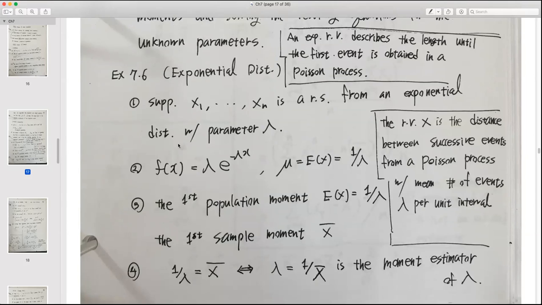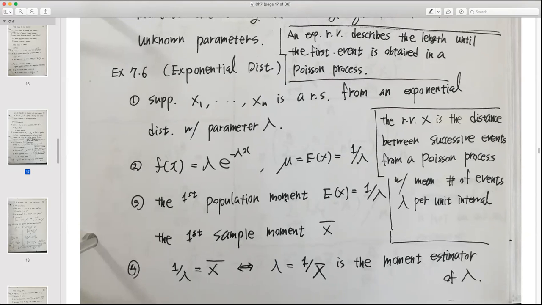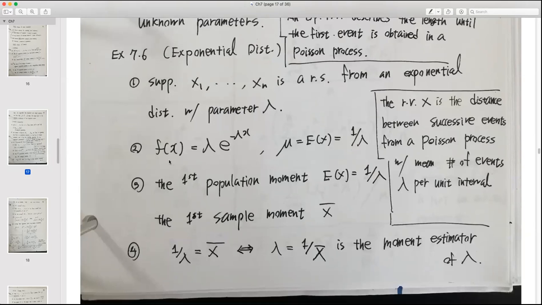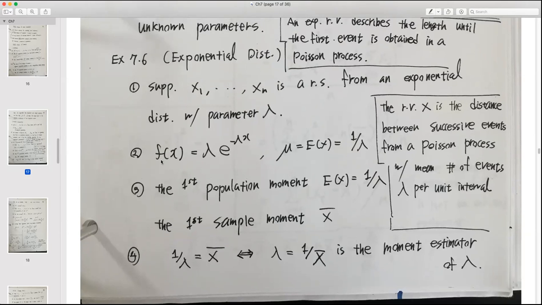Since this is an exponential distribution, f of x is lambda times e to the negative lambda x, and we know that mu is 1 over lambda. So the first population moment is 1 over lambda, and the first sample moment is x bar. So 1 over lambda equals x bar, meaning lambda is 1 over x bar. So 1 over x bar is the moment estimator of the parameter lambda.